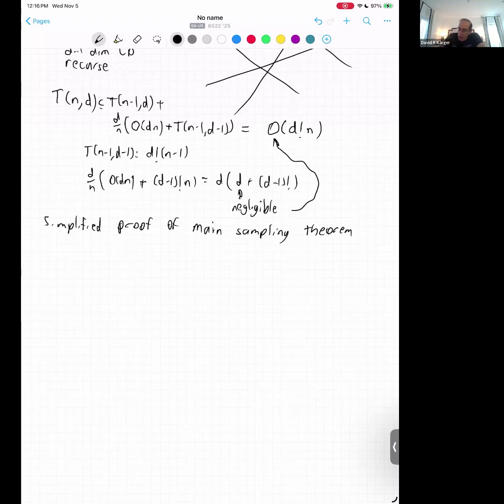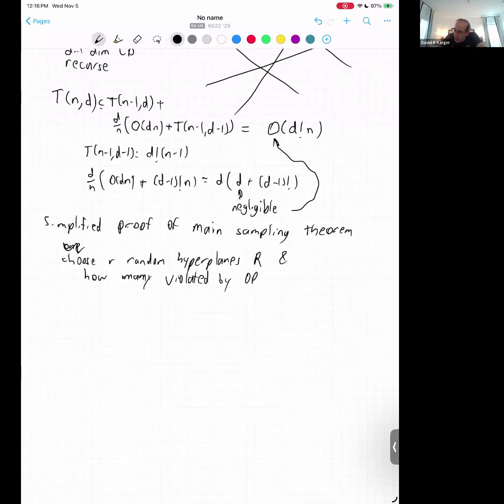We want to analyze what happens when we choose R random hyperplanes, and then ask how many hyperplanes are violated by the optimum of that random set. That was the key sampling theorem that we used, right?